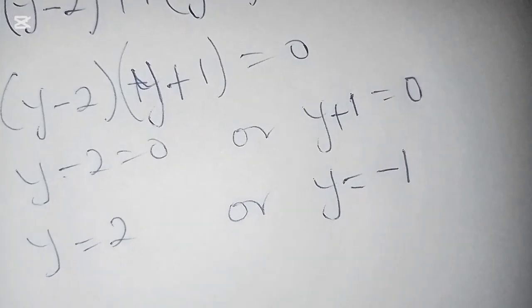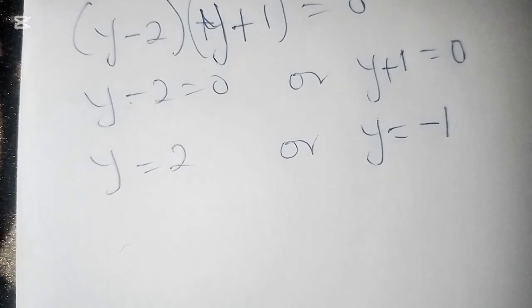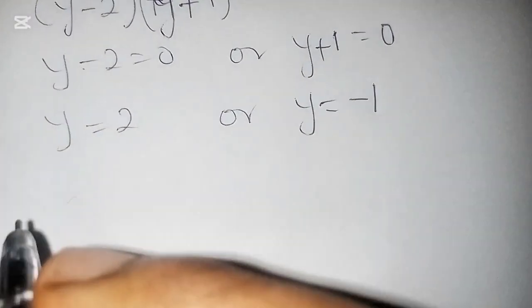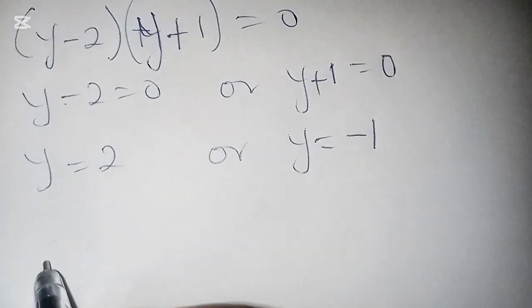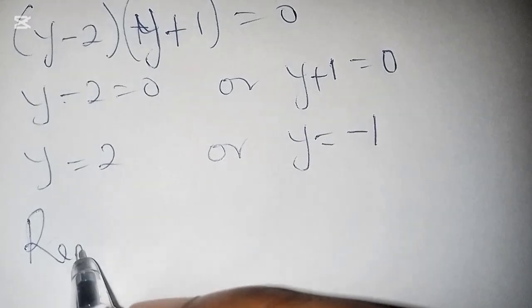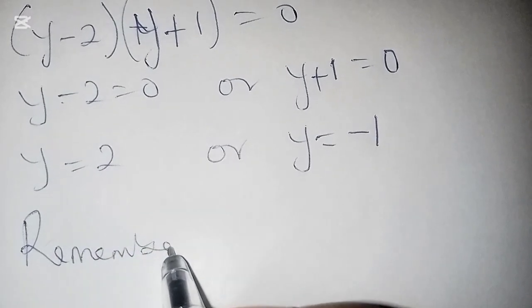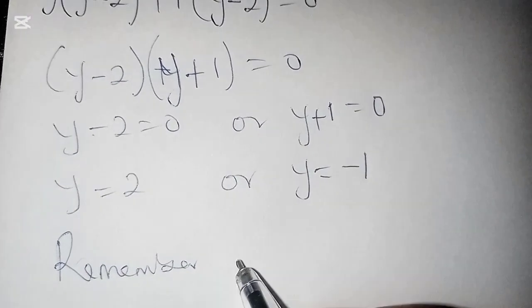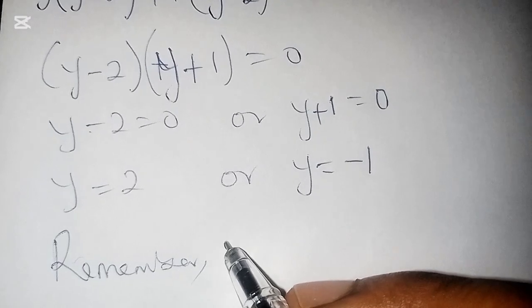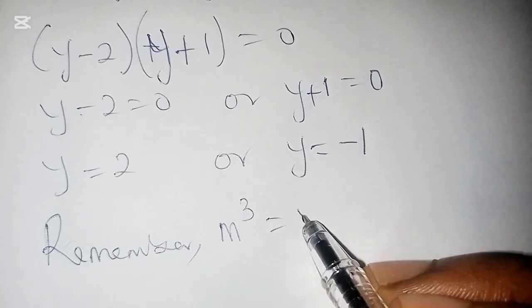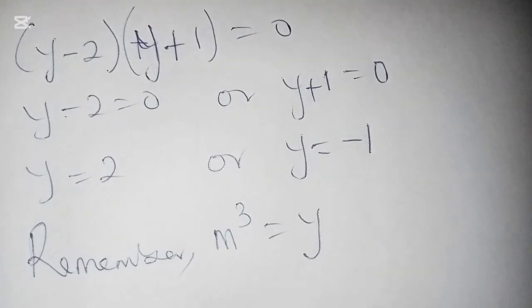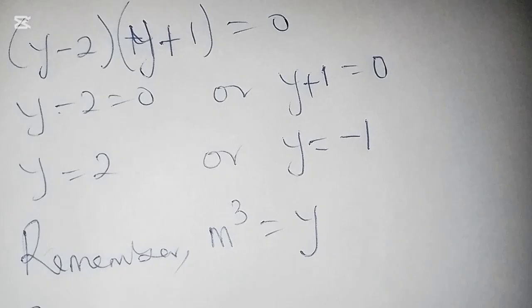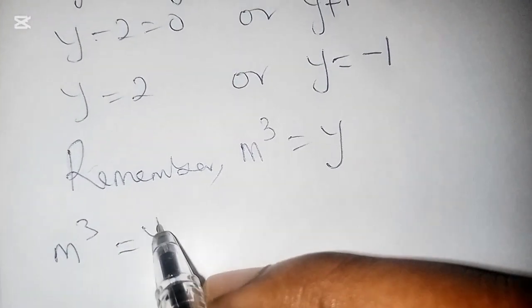When we solve further, we'll have our y to be 2 or minus 1. Now remember that we said let m to the power of 3 be y. So since we have the values for y, we're going to be solving to get the values for m.